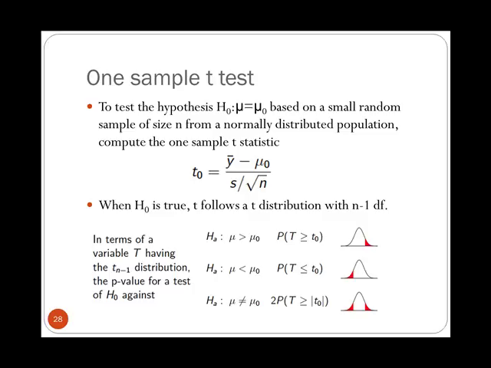And this t-distribution has degrees of freedom of n minus 1. And here we provide a two-sided test and one-sided tests, and you can see how you can calculate the p-value associated with each situation.